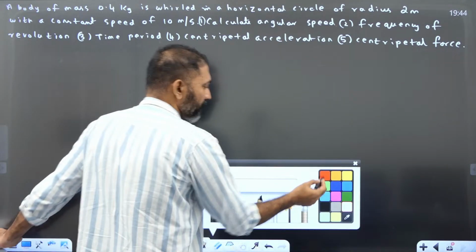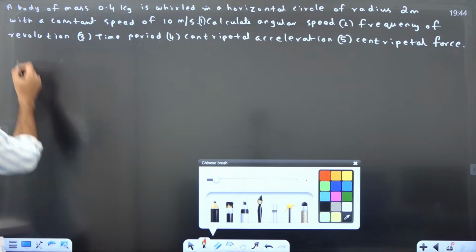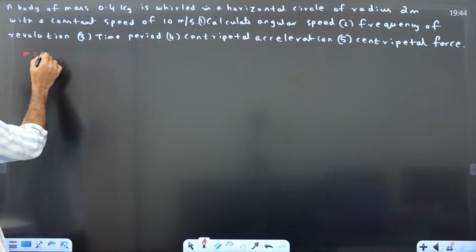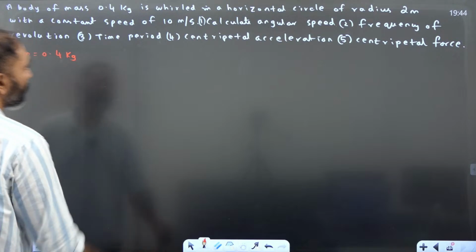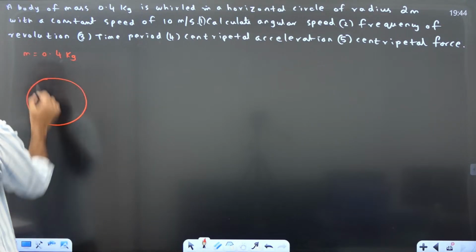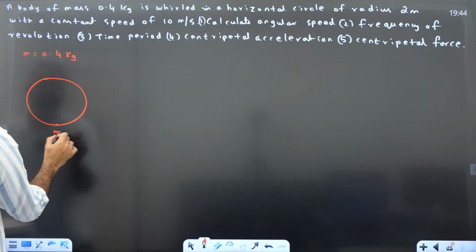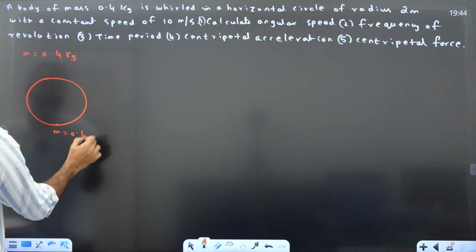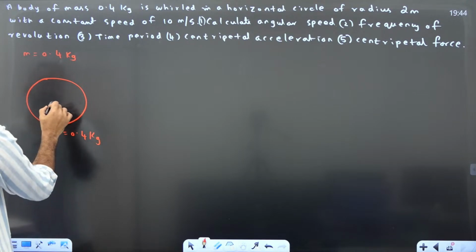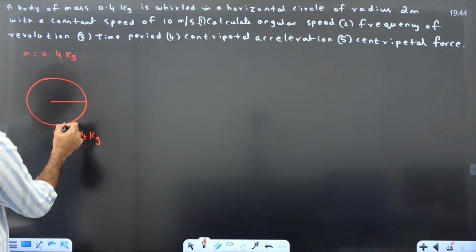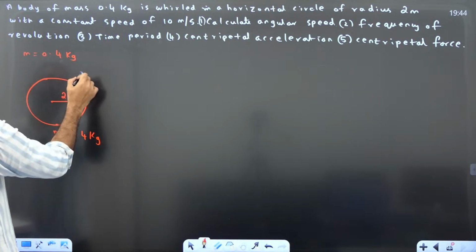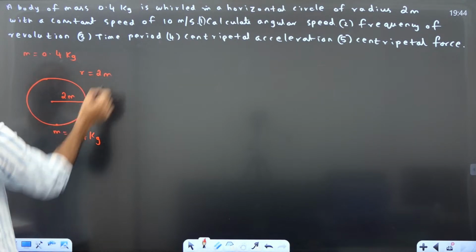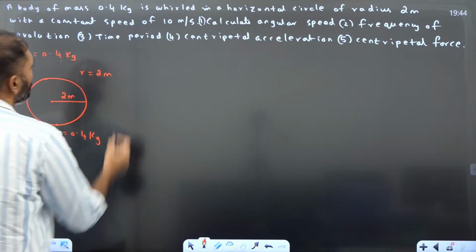Now let's see. Mass is equal to 0.4 kilogram, whirled in a horizontal circle of radius 2 meter, so r equal to 2 meter, with a constant speed.